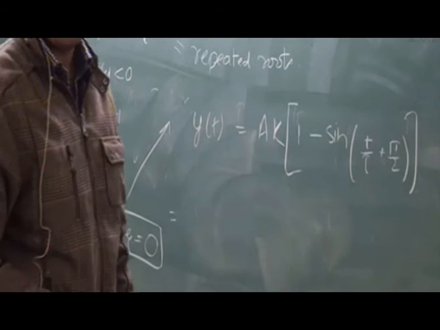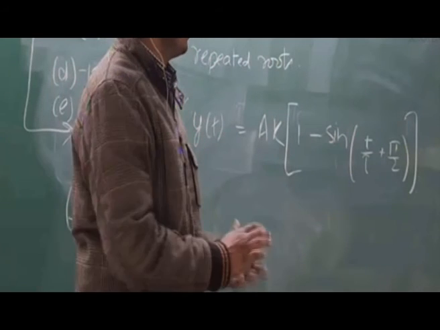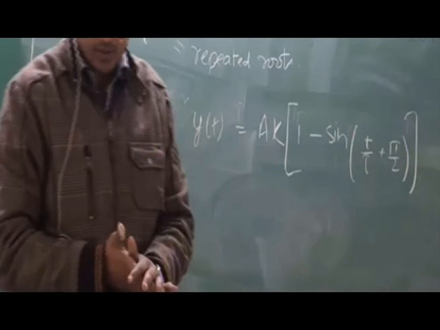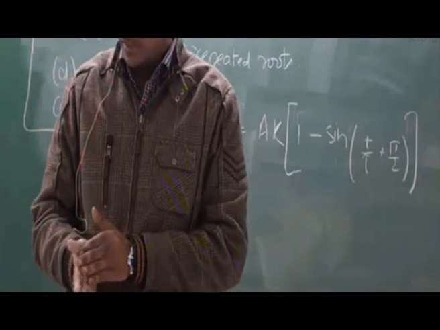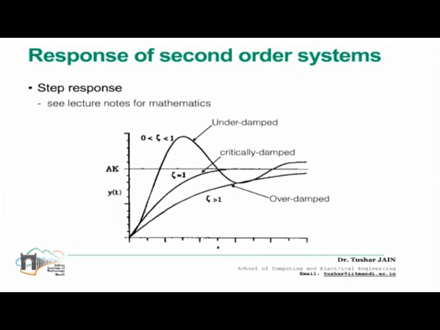So there are certain properties associated with the underdamped response. Now we are going to see what are those properties of the underdamped response. These are the time dependent representations of all the expressions what we have derived here.